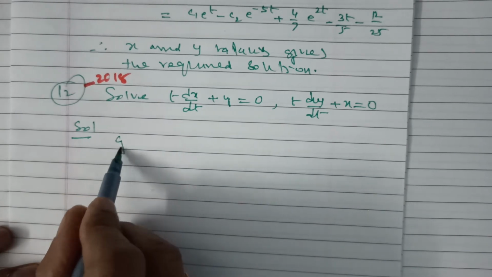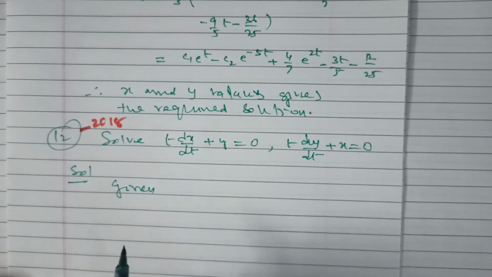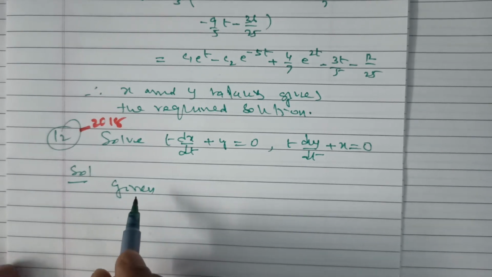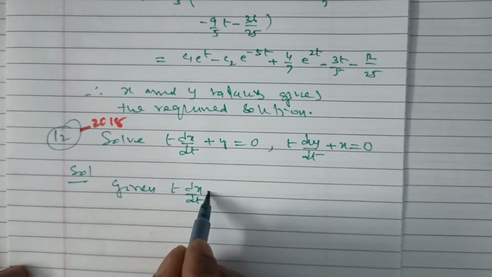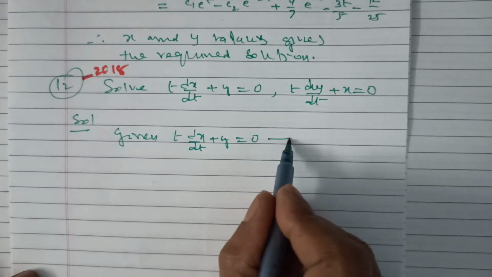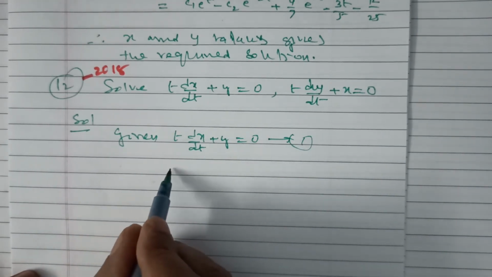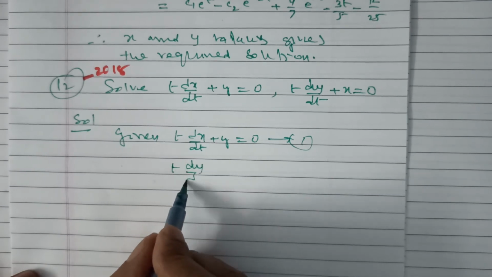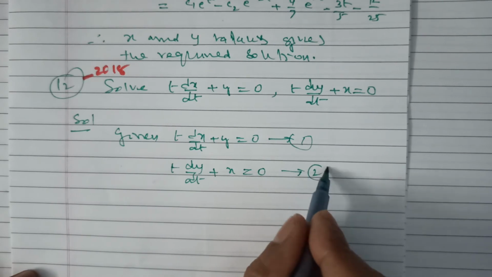given t dx/dt + y = 0. This is the first equation. The second equation is t dy/dt + x = 0.